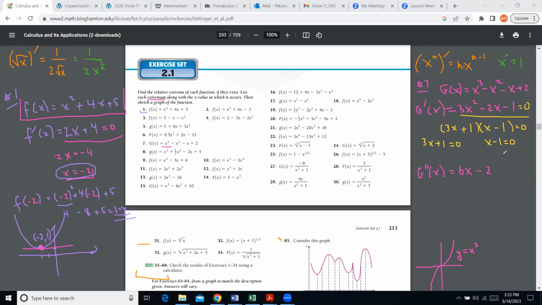The second gives me just number 1, right? X is equal to 1. And the first will tell us that 3x is -1, so x is equal to -1/3. Okay, this is great. So we produced 2 special numbers.